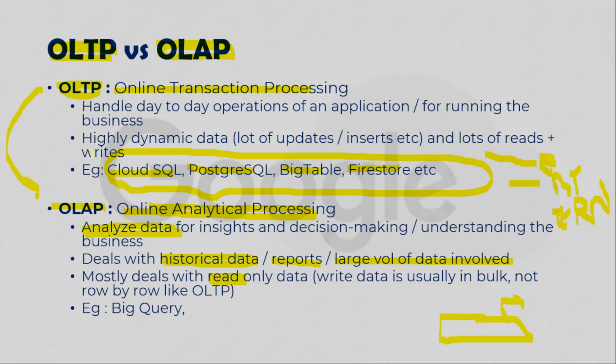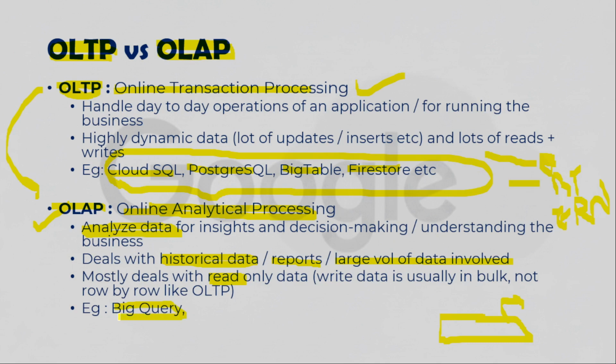The major difference is that in OLTP the number of transactions is high, and the data is very dynamic with a lot of updates and inserts. I'm not saying it's an unstable system. But in OLAP the number of transactions is relatively low, the data is stable, and moreover it is historical.